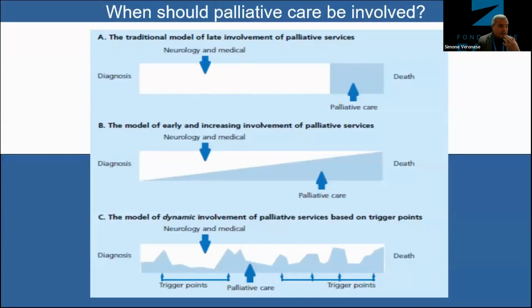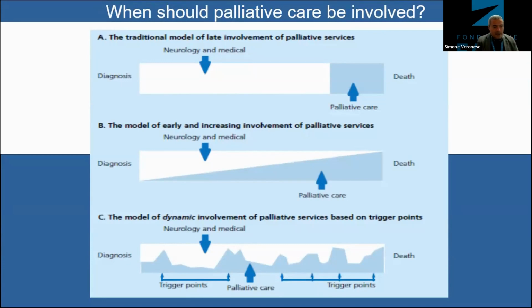We also know that probably the best way to be involved does not depend on being at the end of life, or perhaps on integrated palliative care, which can be interesting, but on the fact that we would like to be involved when we are needed. So when there are specific trigger points where we know that we as palliative care can make some difference.